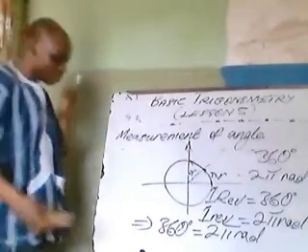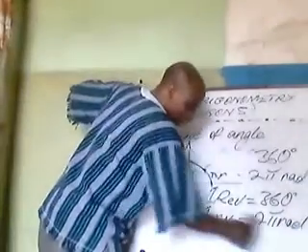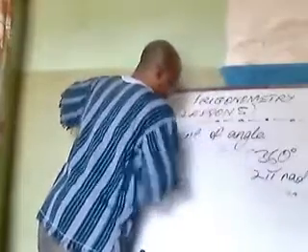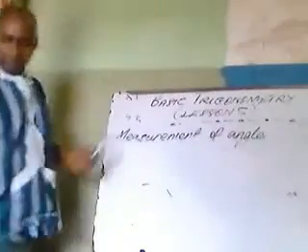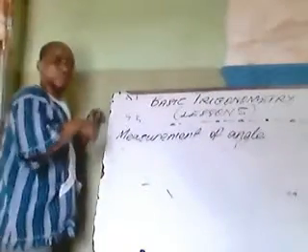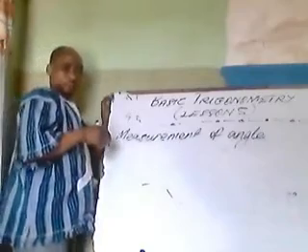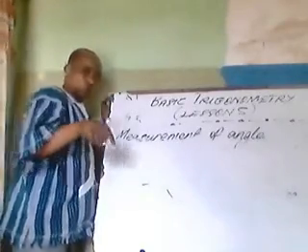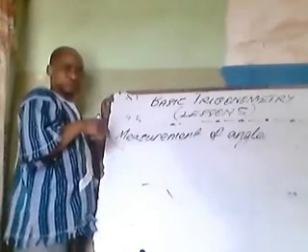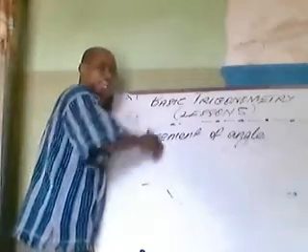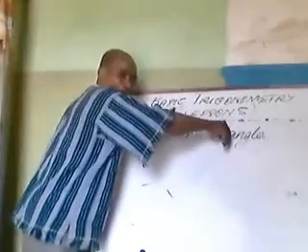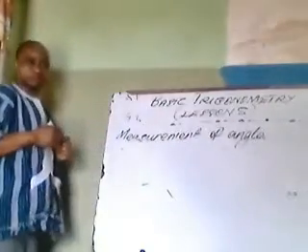Then with this, what this goes on to tell us is that when we take any measure of degree through rotation, we measure an equal amount of angle in radians.